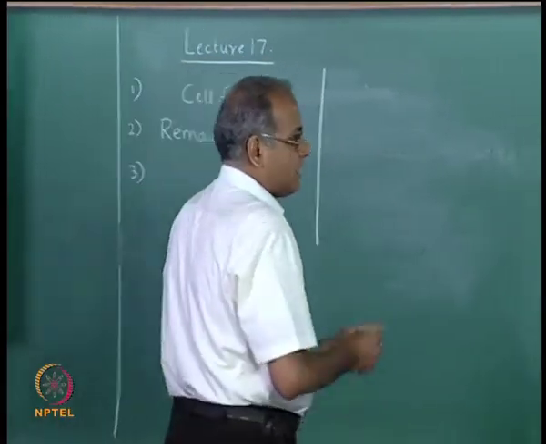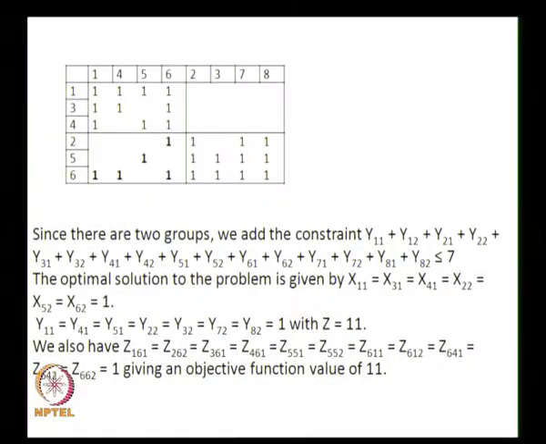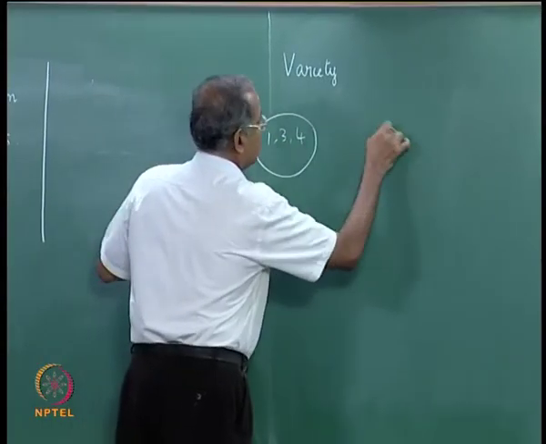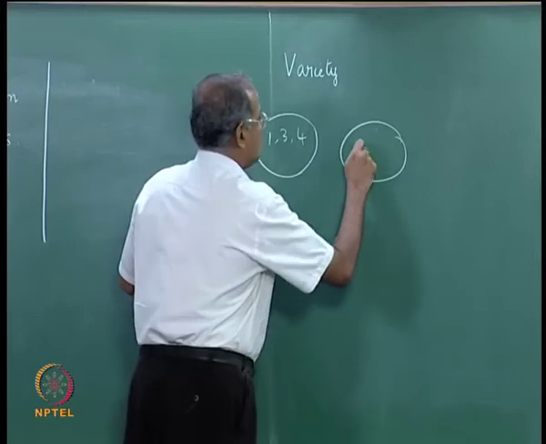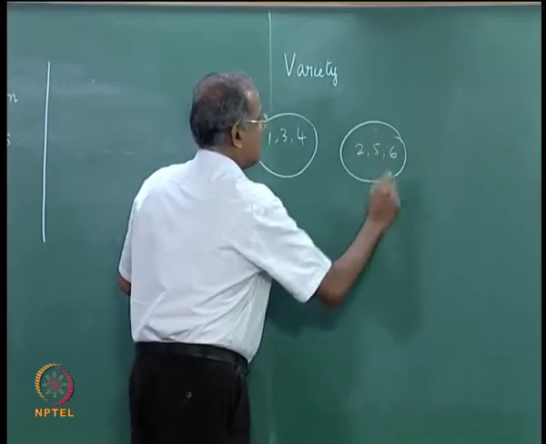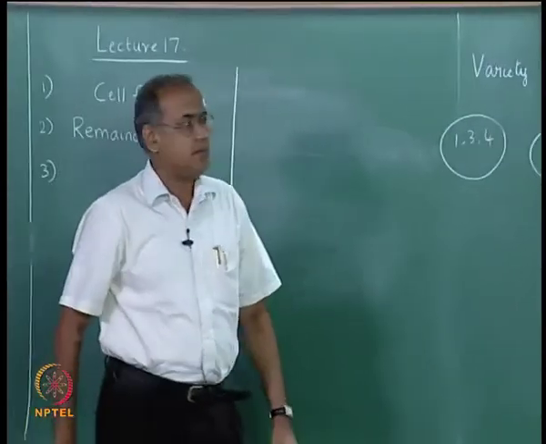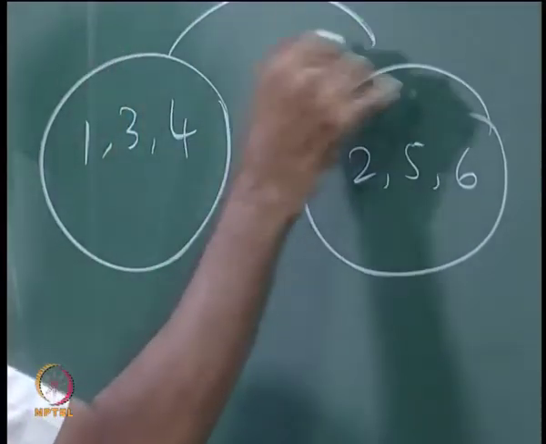So, what we do here is, for example, if we take this as an illustrative solution, even without an additional part number 9 with the existing system, now we have one machine group with 1, 3 and 4, the other machine group with 2, 5 and 6, and there are 5 moves here.